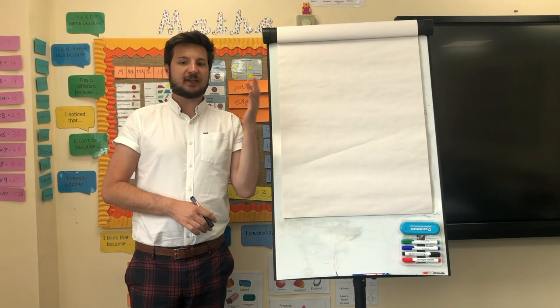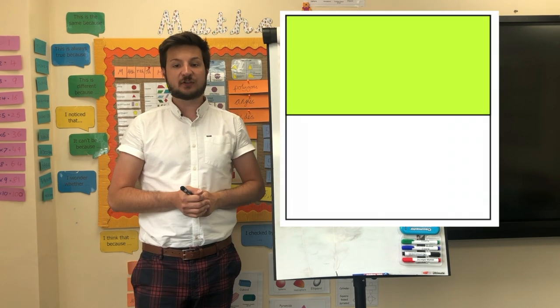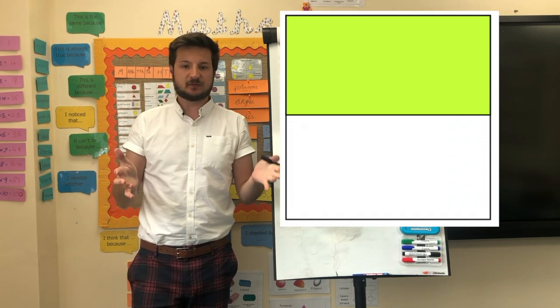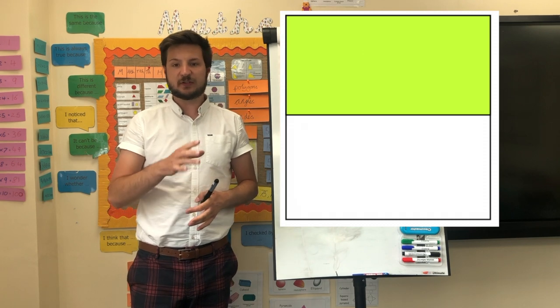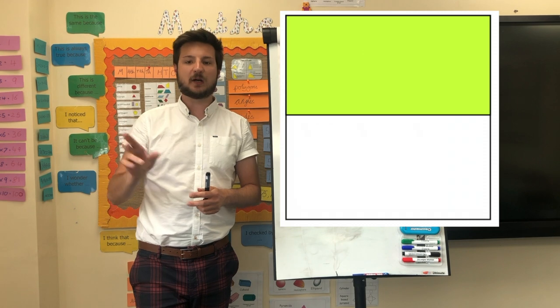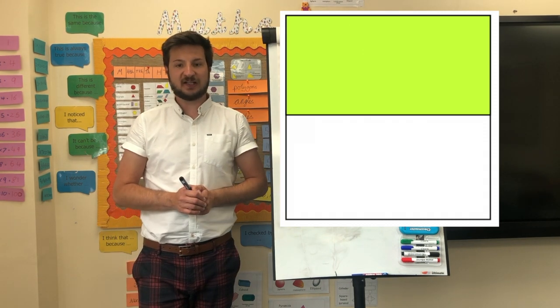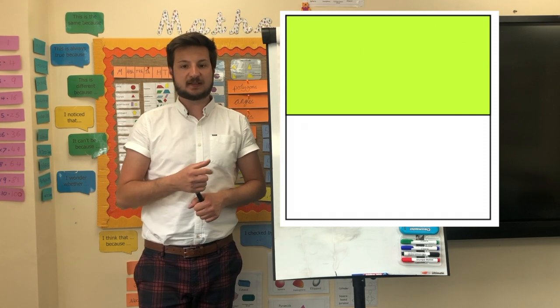Now have a look at this shape. It's exactly the same size and shape as the last shape that you saw. We still have 50% of it green and 50% of it white. However, we would need to use our knowledge of fractions to explain why. Looking at this shape, we can see there are 2 equal parts. 1 out of 2 of those parts are green, and the other 1 out of those 2 equal parts is white.